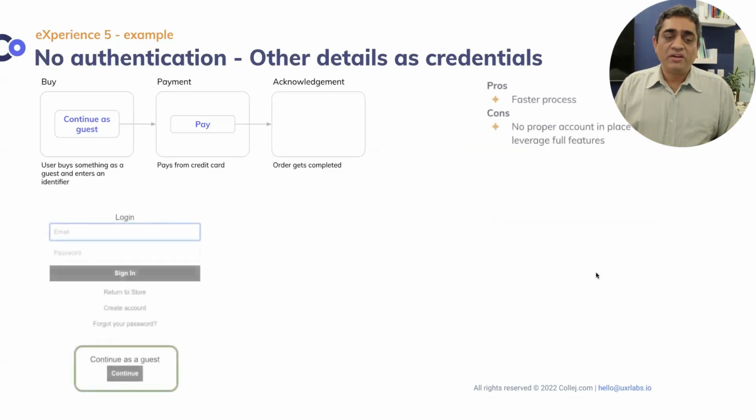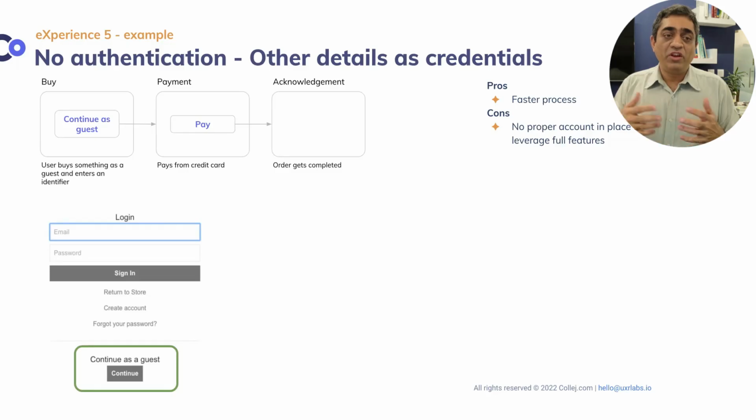Now, here is an example which, when it was first implemented, helped the company get $200 million more incrementally in revenue for that year. And the simple thing that they did was they just said, hey, just continue as a guest.